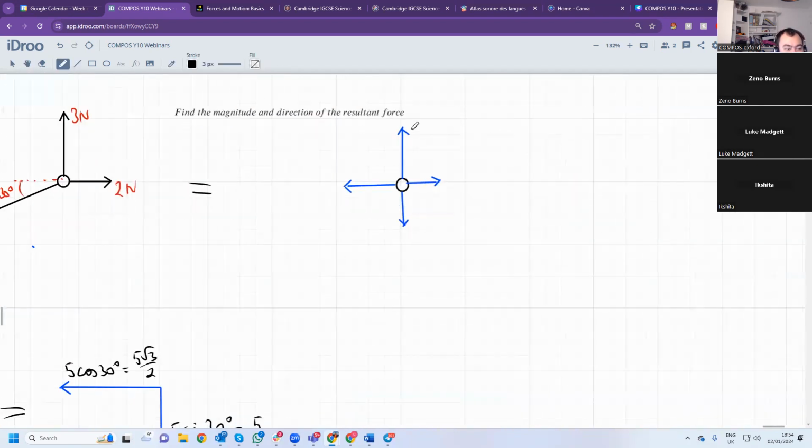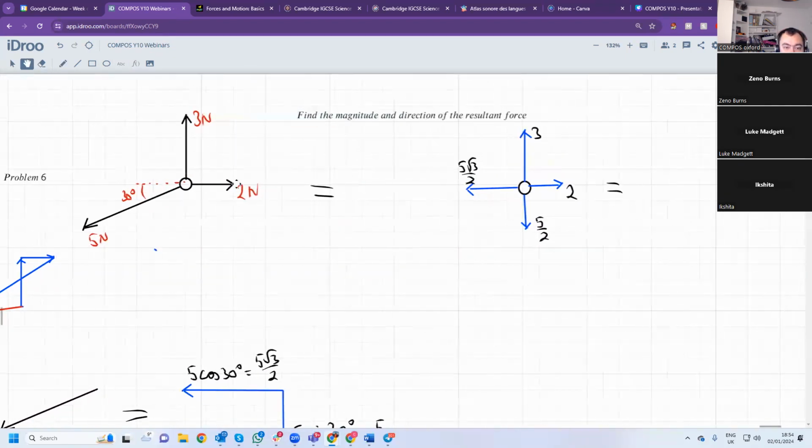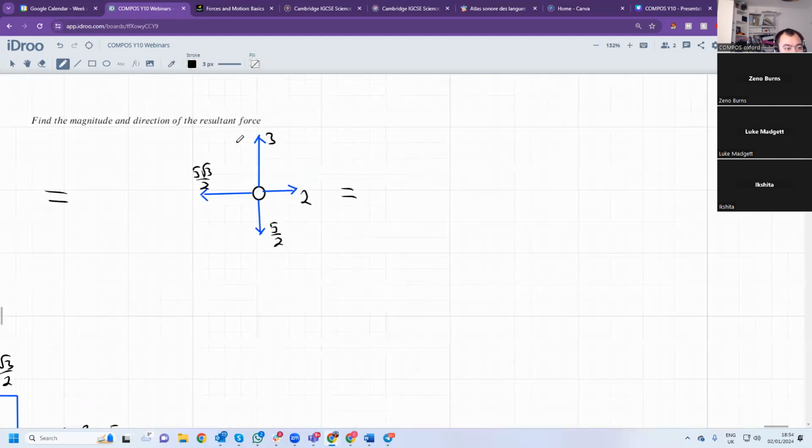It's the same as 3, 5 over 2, 2, and 5 root 3 over 2, which is equivalent to, oh, I was wrong. So 3 down minus 2.5, it's going to be 0.5 up, sorry. So it's 1/2 up, because 3 minus 5/2 is 1/2.